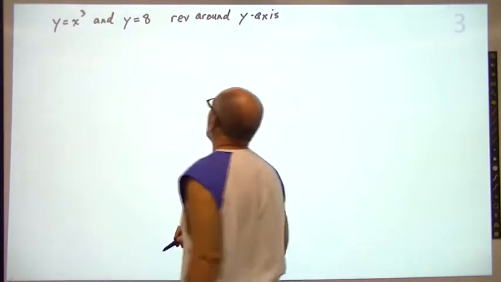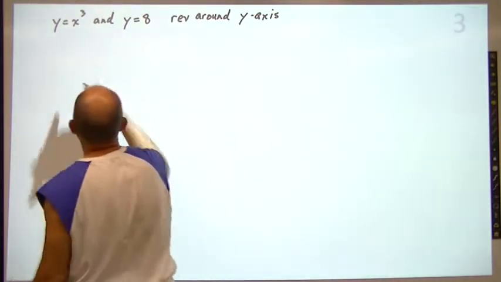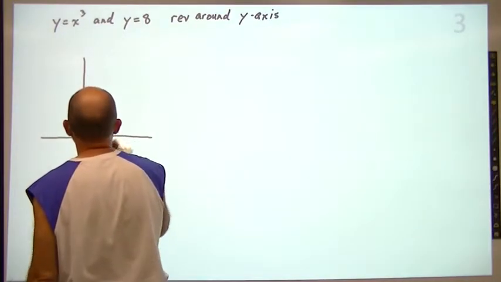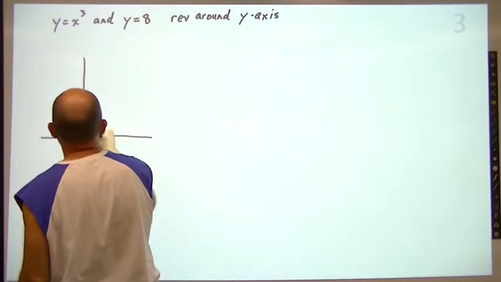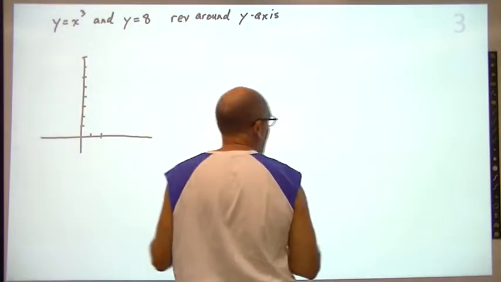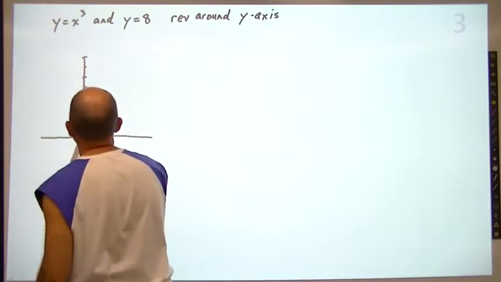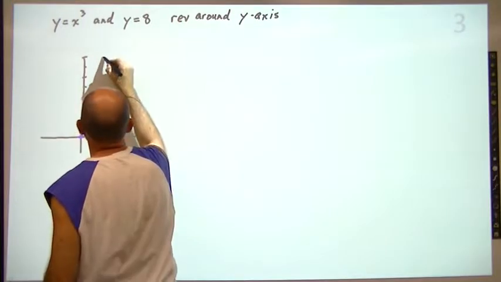So we're revolving around the y-axis this time. All right, well, let's graph that. So I've got my function y equals x cubed, so 1 cubed is 1, 2 cubed is 8.